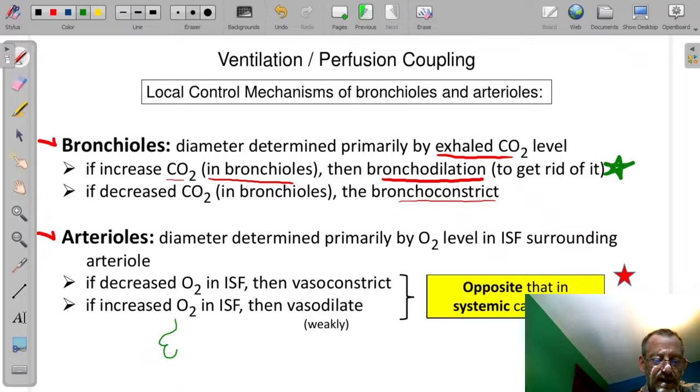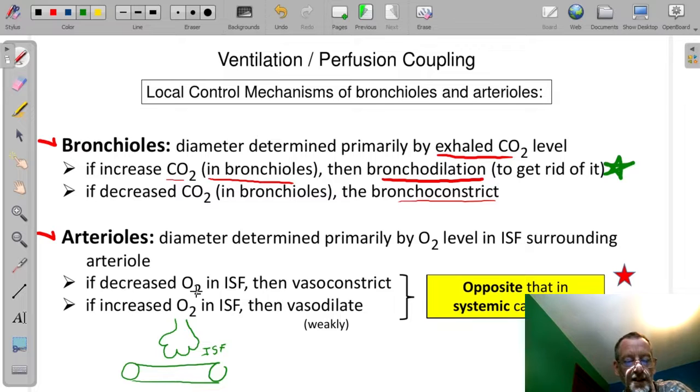Here is an alveolus, here is a pulmonary capillary, and here is the ISF. What would cause a decrease of oxygen in the ISF? Well, you know that oxygen is flowing from the alveoli into the ISF. So if there's low oxygen in the interstitial fluid, it's probably due to a blockage in the airway.